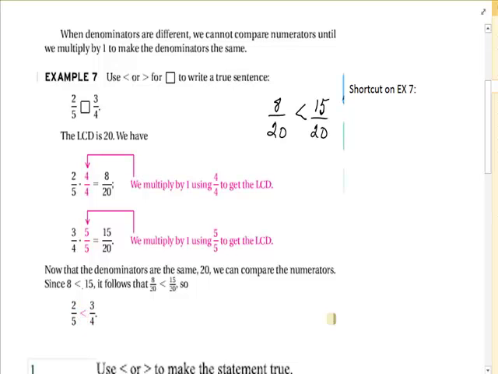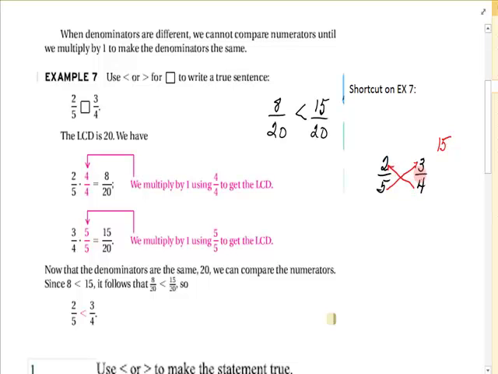Now I want to show you a shortcut. This is the same problem. Suppose I have 2/5 and I want to compare it to 3/4. You can look at cross products. Multiply 5 times 3 and get 15. Now, if you're going to use this shortcut, it is important that you go from bottom to top and write the product on that side.